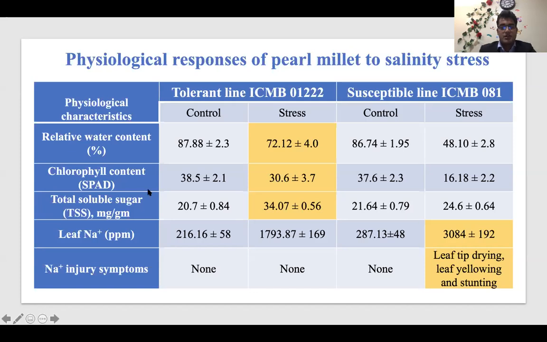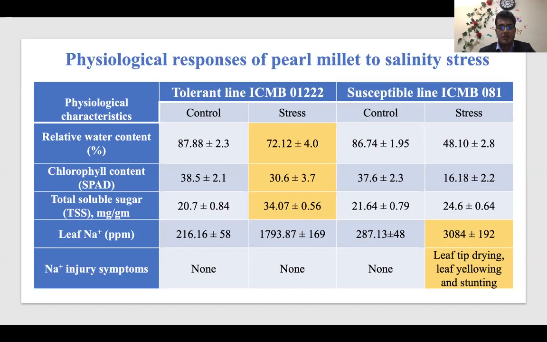And this was our key finding about sugar. During stress, sugar increased in both genotypes, tolerant and susceptible. We think that sugar is the key here. The tolerant line showed almost 1.6-fold higher amount of sugar during stress. In the susceptible line sugar also increased, but the increase was very small compared to the tolerant line.